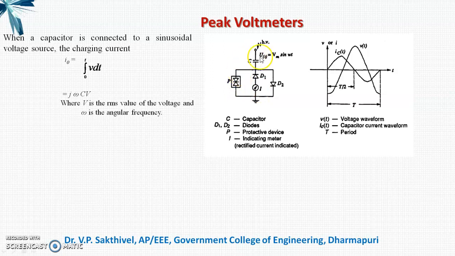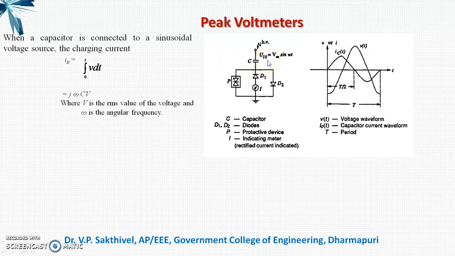Okay, when a capacitor is connected to a sinusoidal voltage source, the charging current is given by I naught equal to j omega CV, where V is the RMS value and omega is the angular frequency, that is 2 pi f.